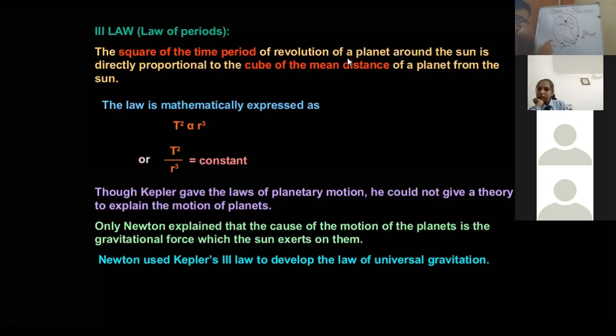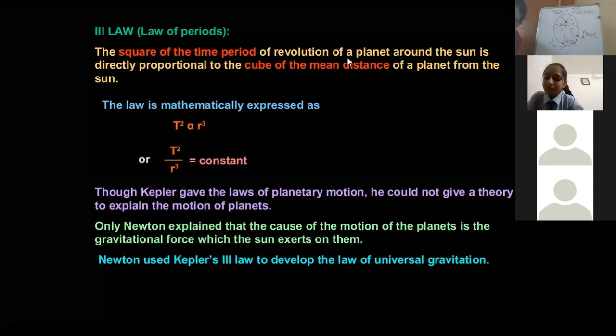It says that the square of the time period, that is the time taken by the planet to move around the sun, is directly proportional to the cube of the mean distance between the sun and the planet. This is the third law of Kepler. This is how we can put it mathematically: T square is directly proportional to R cube.